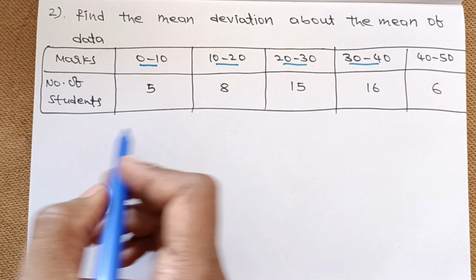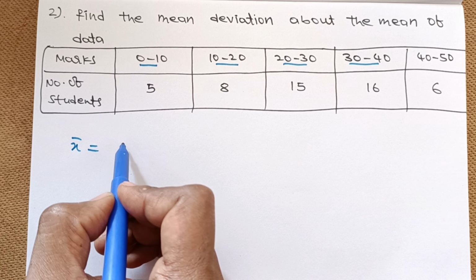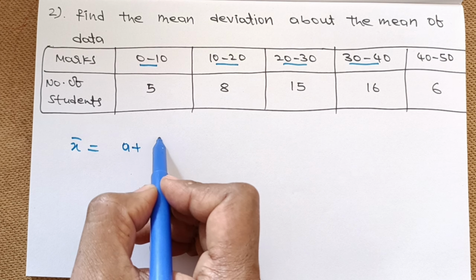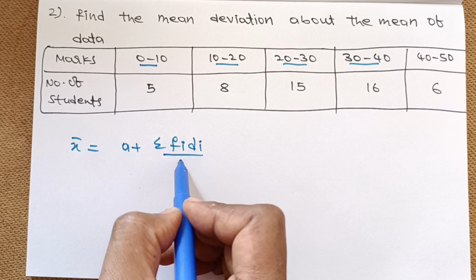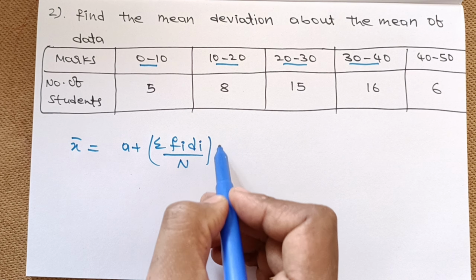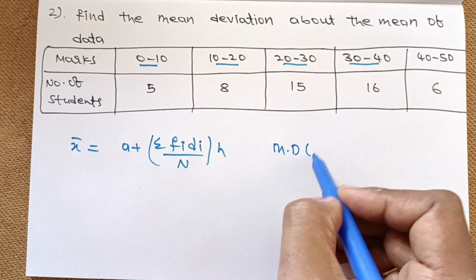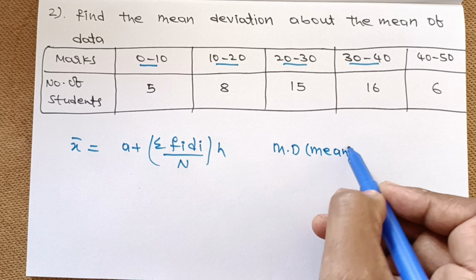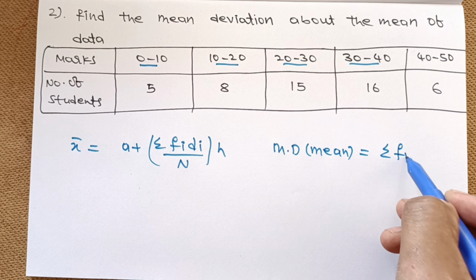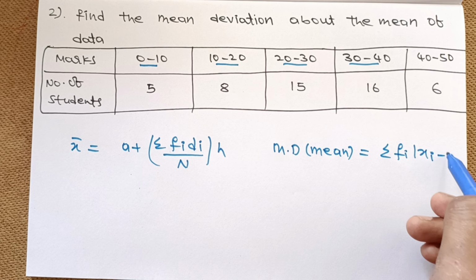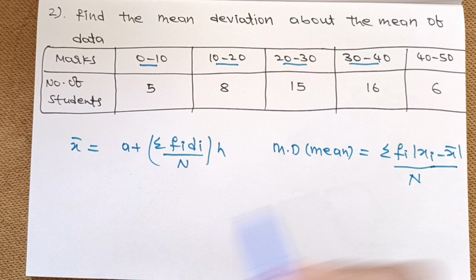In that we have the mean formula, x bar is equal to a plus sigma fi di, divided by n, into h. Next, what is the mean deviation about the mean formula? It is equal to sigma fi into modulus of xi minus x bar, divided by n.